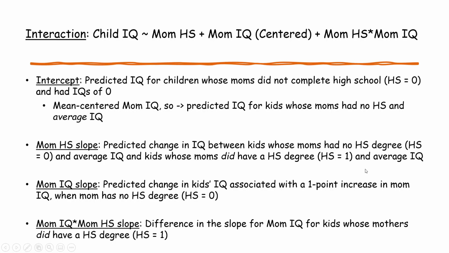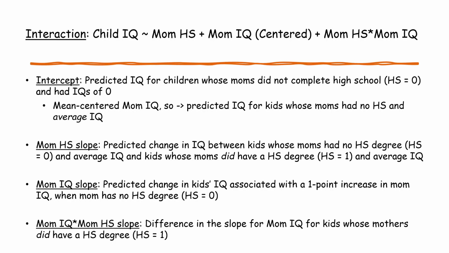And this is why people like to mean center predictors when they're including interaction terms. Because again, not only is the intercept in terms of when the variables are 0, each of the main effects, so to speak, they're not really main effects, so I shouldn't say that, but each of the main slopes, so to speak, is interpreted in terms of when the other variable is at a value of 0.